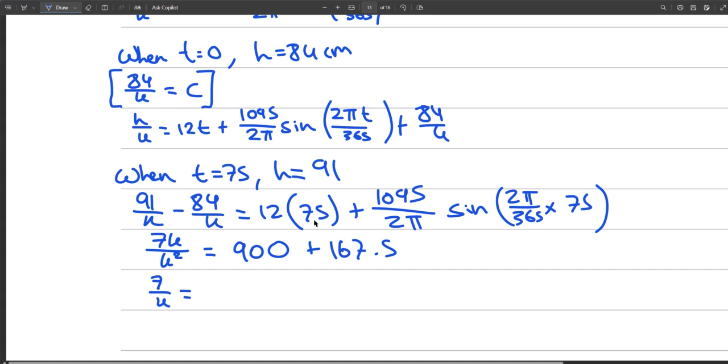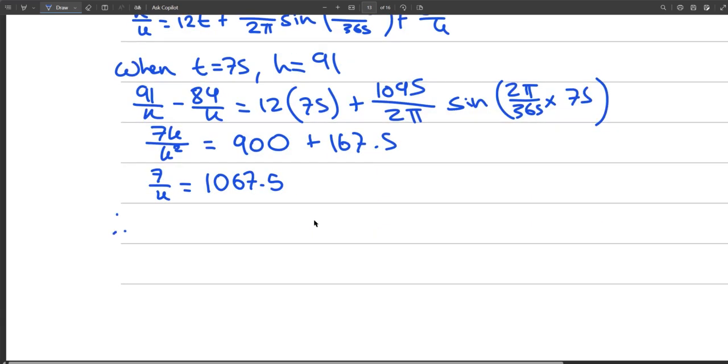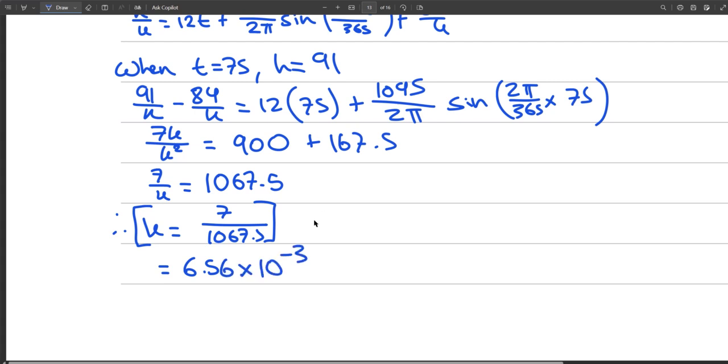And so simplifying this, I'll get 7 on k is equal to 1067.5. Therefore k would just be 7 on 1067.5, which is also equal to 6.56 times 10 to the minus 3.